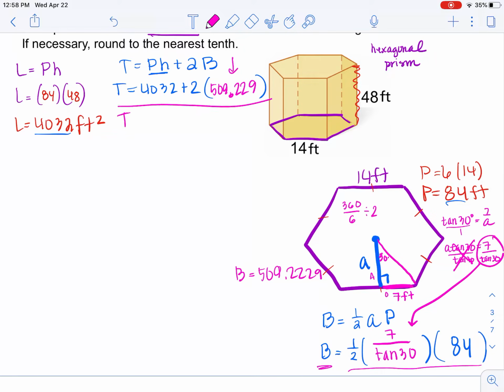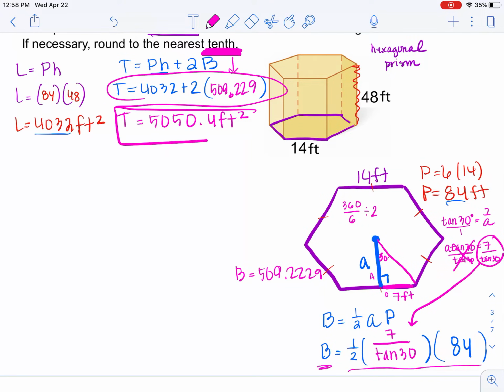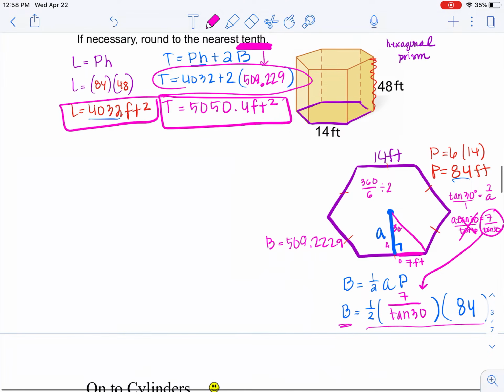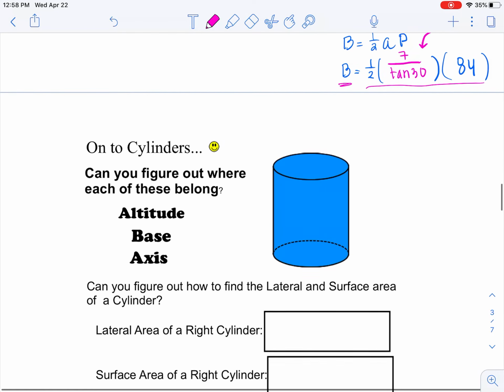Then I'll put this whole thing in my calculator, and round that to the nearest 10th, which is 1 decimal place. So if I put that in my calculator and round to the nearest 10th, I get 5,050.4 feet squared. Okay, so it's still practicing what we learned last chapter.